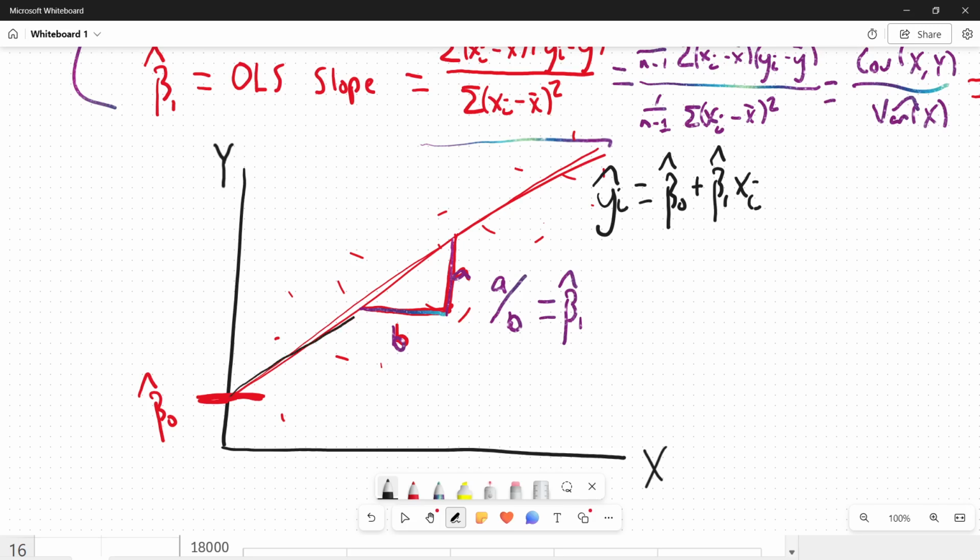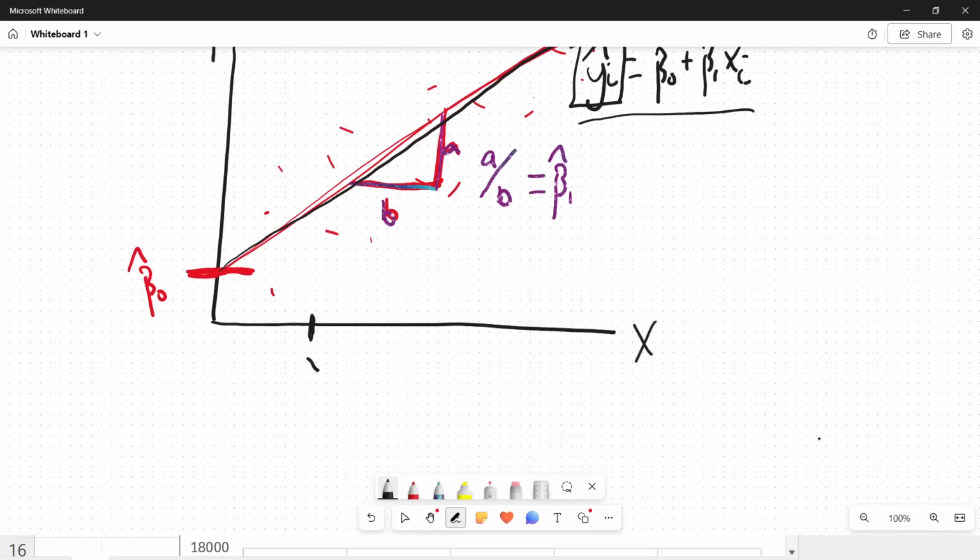I imagine that there is a line that fits through this data, and I imagine that it can be expressed in a way like this, where my estimated line gives me a prediction for each observation. Of course, I plug in a value for x and say, I think xi is here. Well, then I trace that up to the line and I say yi hat is there, according to the vertical axis.